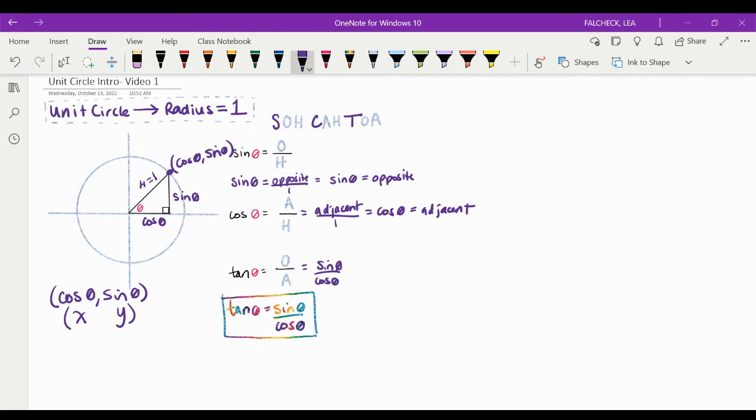And I can also use the unit circle to derive a very useful Pythagorean identity. So think about the unit circle in terms of the Pythagorean theorem. Using what I have drawn over here, why is he so skinny? Hold on.